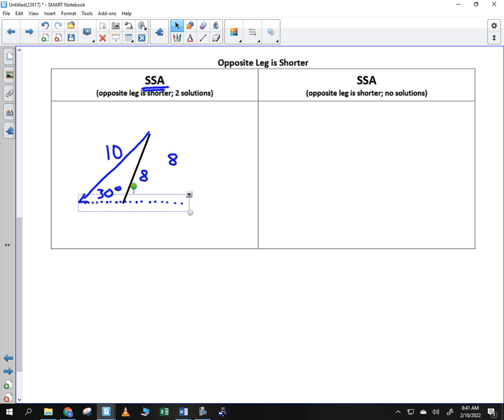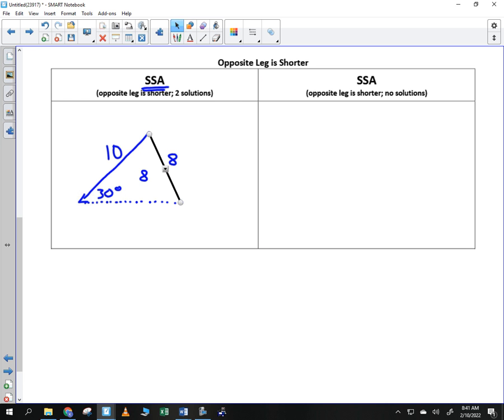So this is another triangle that has those properties: a 30-degree angle, a side of 10, and a side of 8. Here's one triangle that's 8, 10, 30, and here's another one that's 8, 10, 30. And so therefore, you could end up with two different solutions. And that's what we need to think about.